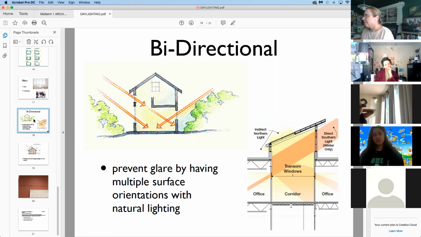So these are just a couple of quick little diagrams showing how to have light coming in from multiple sides of a building, or if you can't get it on two sides, perhaps a little skylight could help here or there.